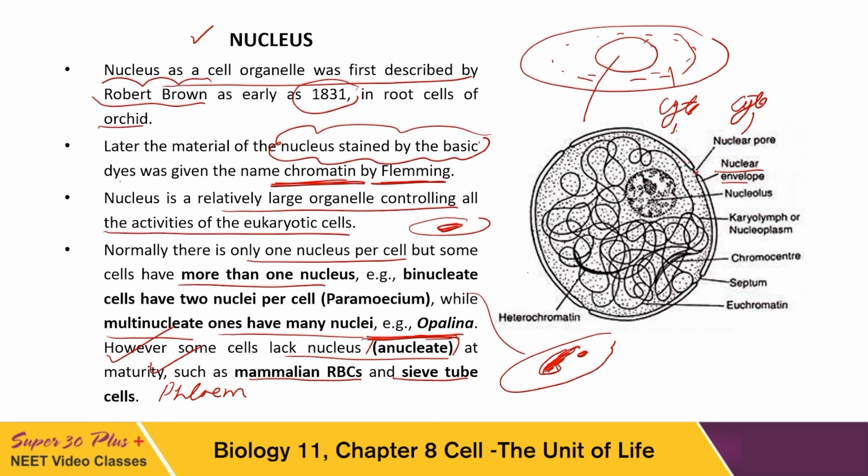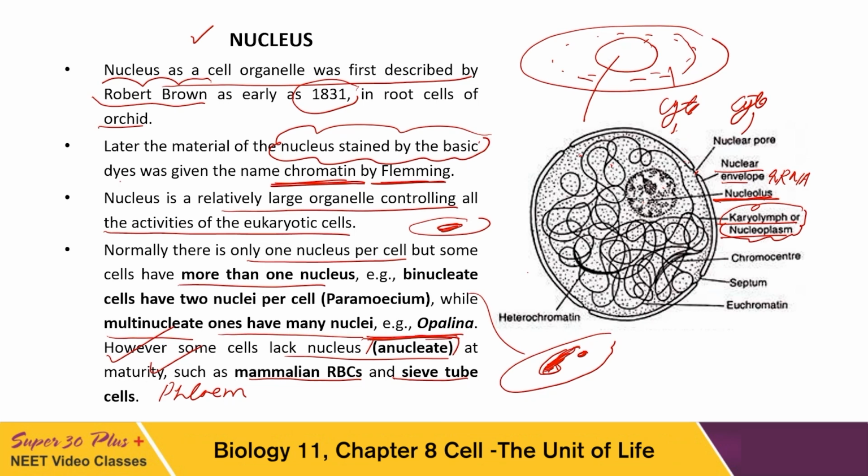Inside the nucleus, this whole content is known as nucleoplasm, or karyolymph. In the karyolymph or nucleoplasm we have a body, the number may be 1 or 2, known as the nucleolus. The nucleolus is the site of ribosomal RNA synthesis.